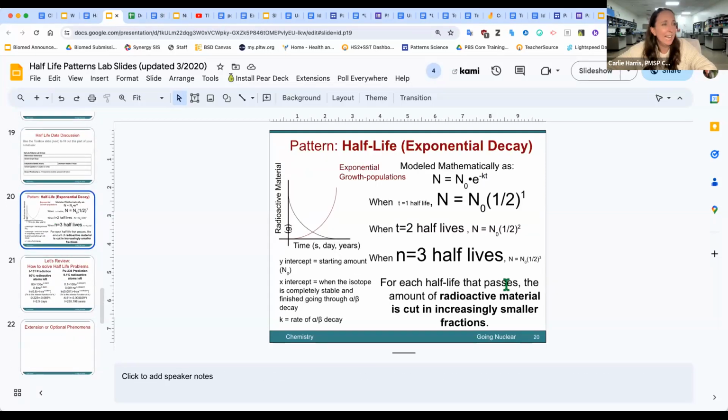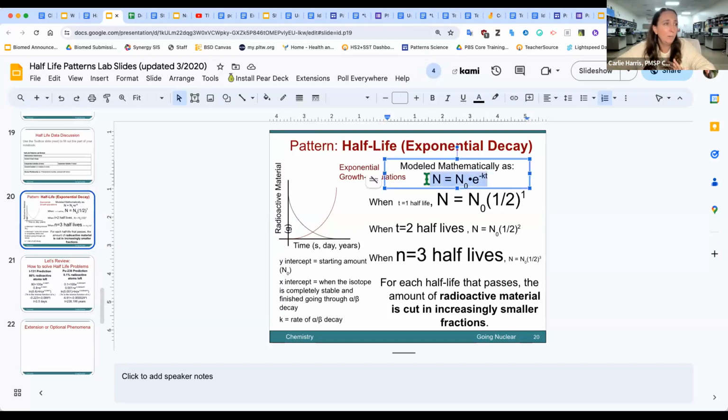I'm just trying to get to the slide that might share a little bit more. Here we go. Yeah, we've got some exponential, right? I don't know about you, but if I showed this to my students, they would just immediately check out, right? Like, I have no idea what that means. So you're walking your students through it, you're breaking it down step by step, and that's what all those other slides are doing, trying to encourage your students to make sense of this, and they can get there.